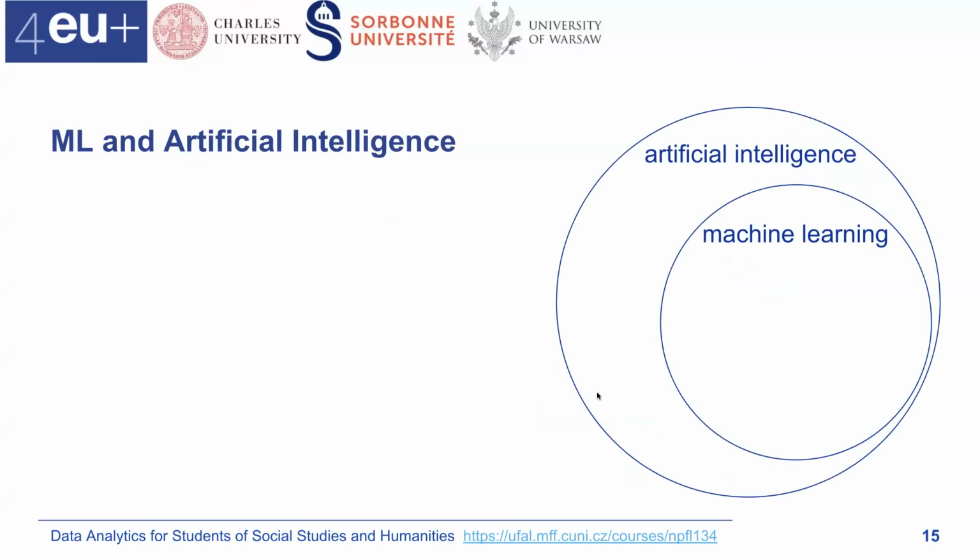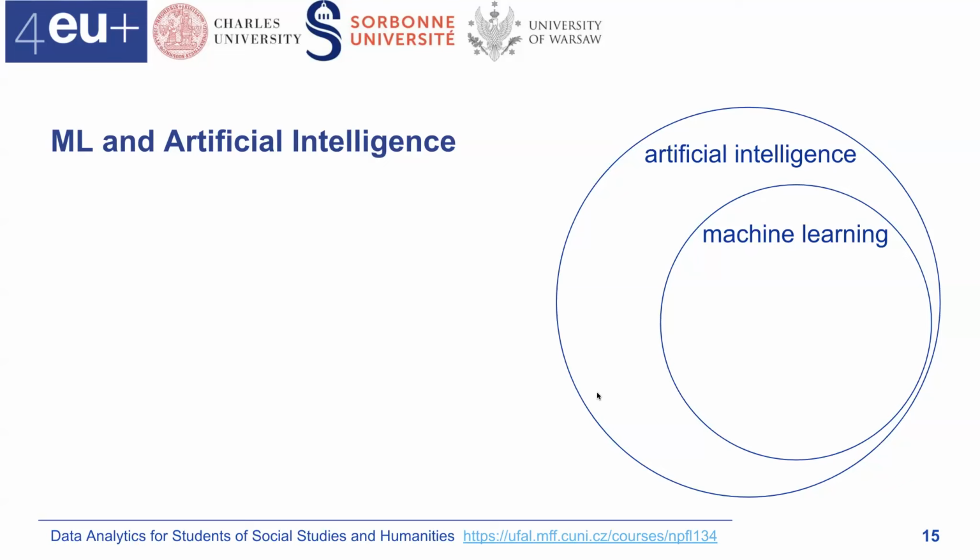Now, let me describe machine learning in a broader context, namely in the context of artificial intelligence. These two terms, machine learning and artificial intelligence, AI, are related but distinct concepts.